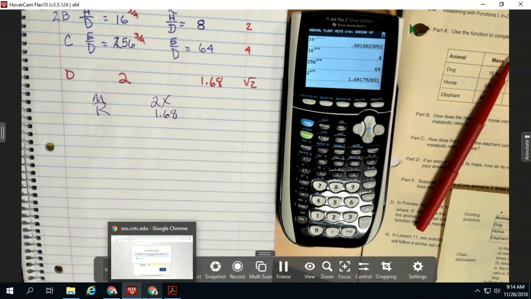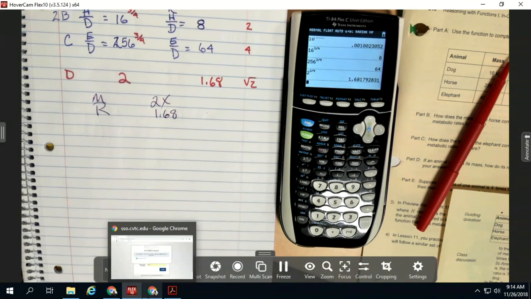Now, anybody own 256 dogs? I'm not saying feeding an elephant is going to be cheap. What I'm saying is feeding an elephant is going to be cheaper than feeding 256 dogs. Let's think about it in terms of people.